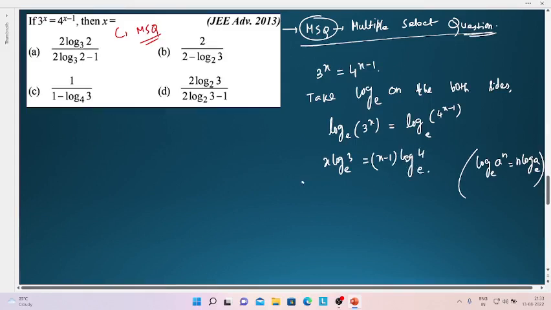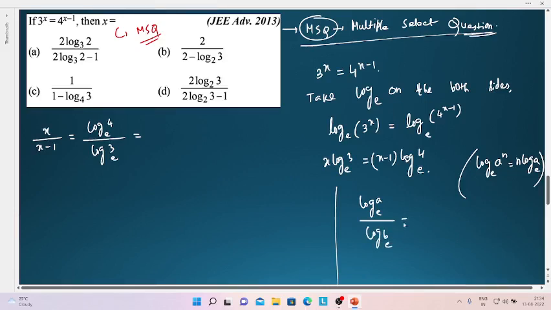4 base e, right? So if I take the x to the left side, it will be x upon x minus 1, which is log 4 base e upon log 3 base e. We know another relation: log a base e upon log b base e can be written as log a base b.